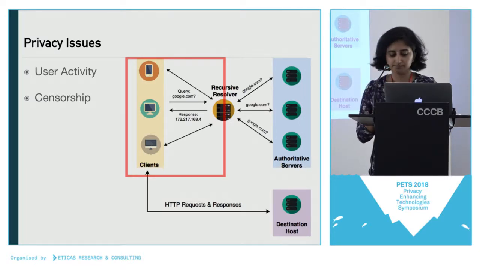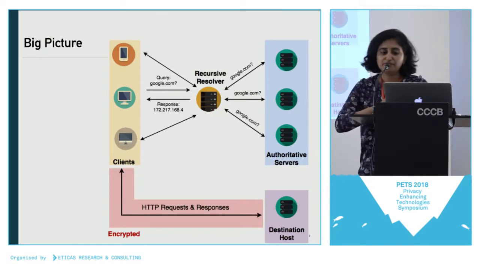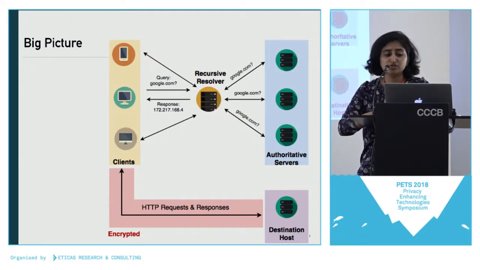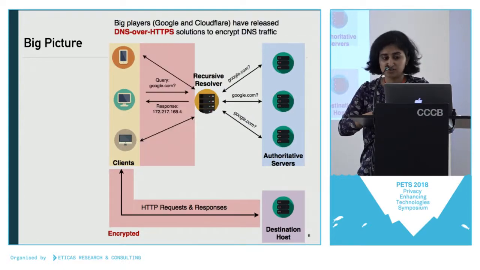and can censor based on the queries as well. If we look at the big picture right now, the idea is to encrypt the connection between the clients and the destination hosts using protocols such as TLS. The next step would be to encrypt the connection between the client and the recursive resolver.